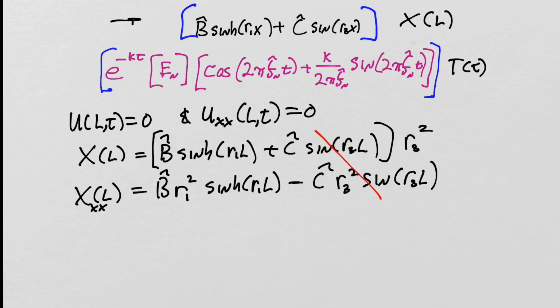These two would cancel, and you would end up with something that looks like the second derivative of x at L plus R3 squared x at L, right? Which first of all has to equal 0, because that has to equal 0, that has to equal 0.